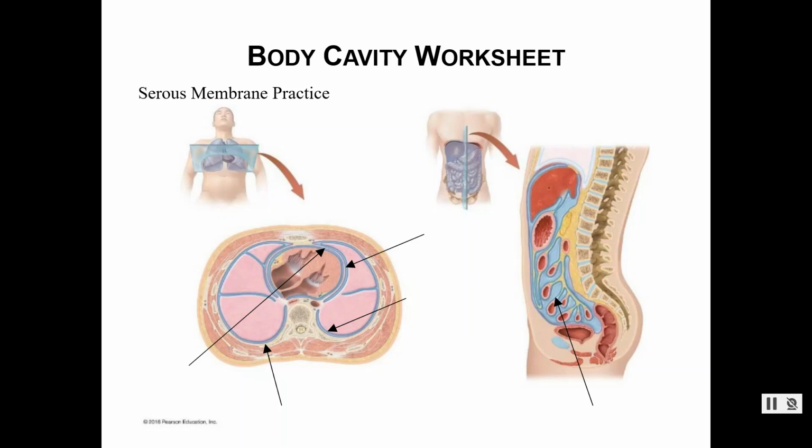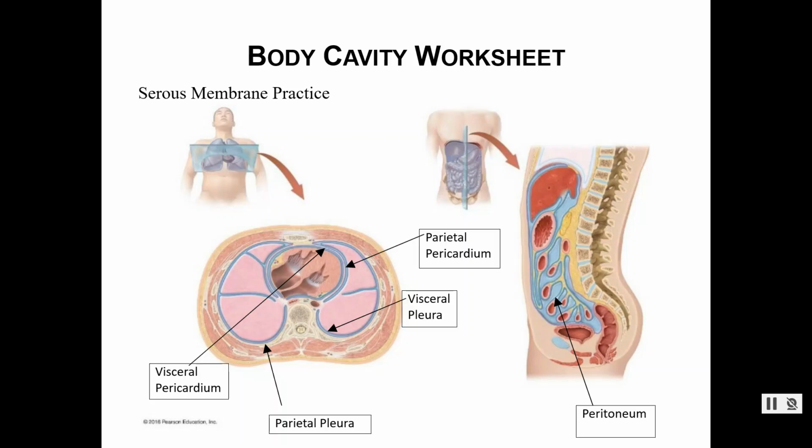Alright, let's check our work. Now, this one was pretty easy. We didn't ask for parietal versus visceral peritoneum. We just collectively, this is your peritoneum, all this blue stuff. These, your viscerals, and your parietal pericardium and pleural membranes.